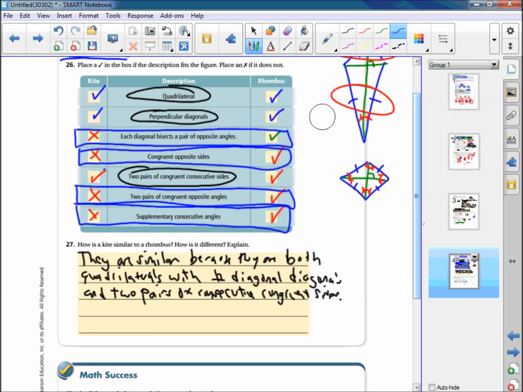So there's a lot of stuff to put on here. So the difference here is kites have no congruent opposite sides, that's one thing. They have only one pair of congruent opposite angles.